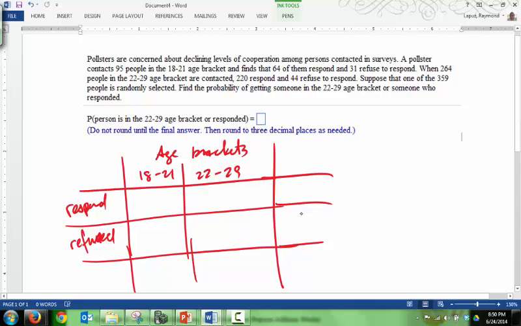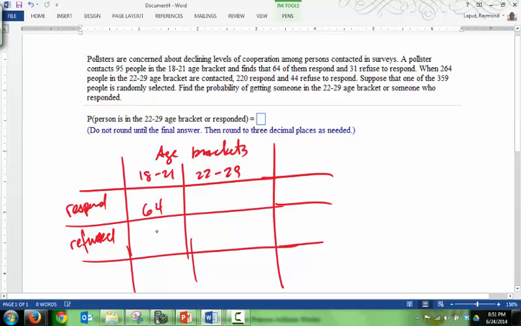By splitting this up like this, I think it might help us clear things up in terms of finding probabilities. So we would fill in a table: for this age bracket, 64 of them respond and 31 refuse.